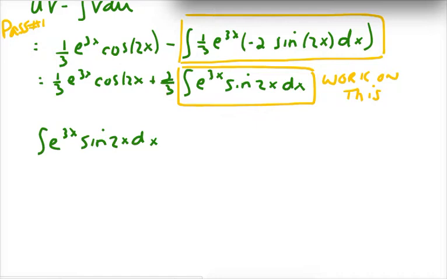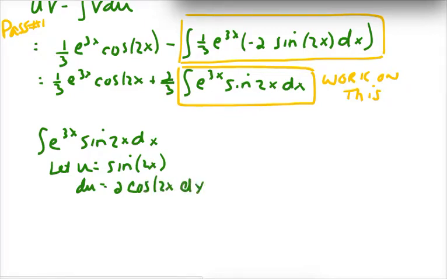Again, using the trig functions and the LIATE rule, trig functions come before exponential, so we're going to let u equal sine of 2x, which would mean du is equal to 2 cosine of 2x dx, and dv is equal to e to the 3x, which is everything left over.